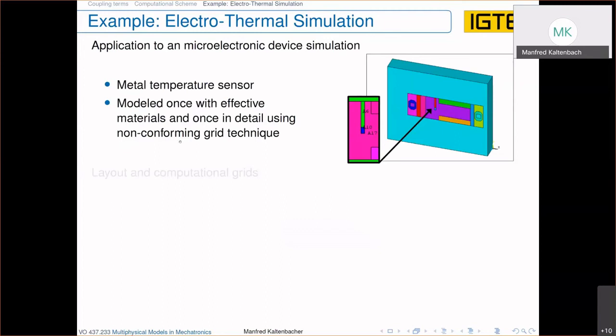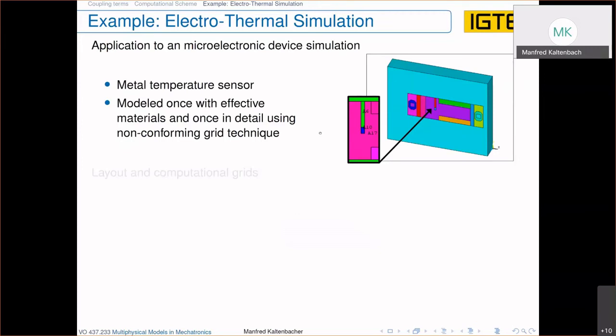The goal here was to do simulations and get the idea how good this temperature sensor is working. And we will see it is a simple resistive temperature sensor. However, the main problem is the size of the chip is quite large compared to the size of the temperature sensor.